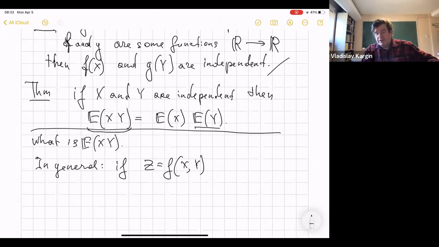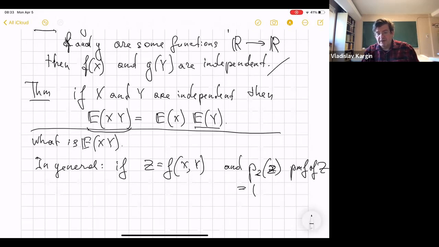You'll need to calculate the PMF of z. By definition, it's the probability that the random variable z is equal to z small.